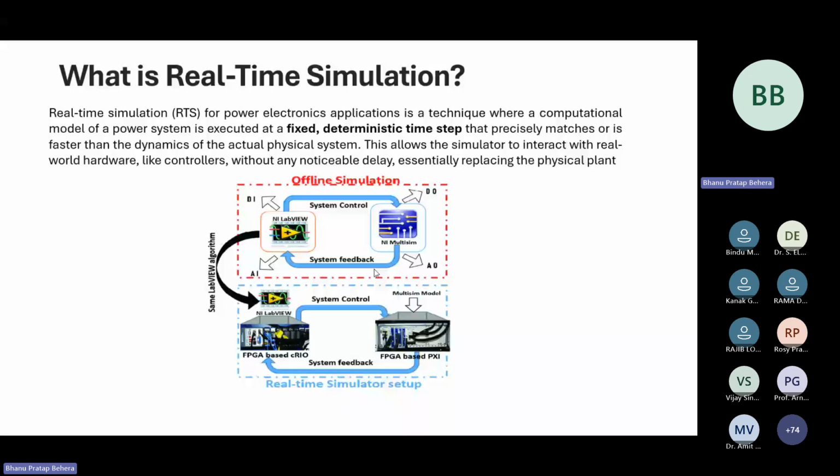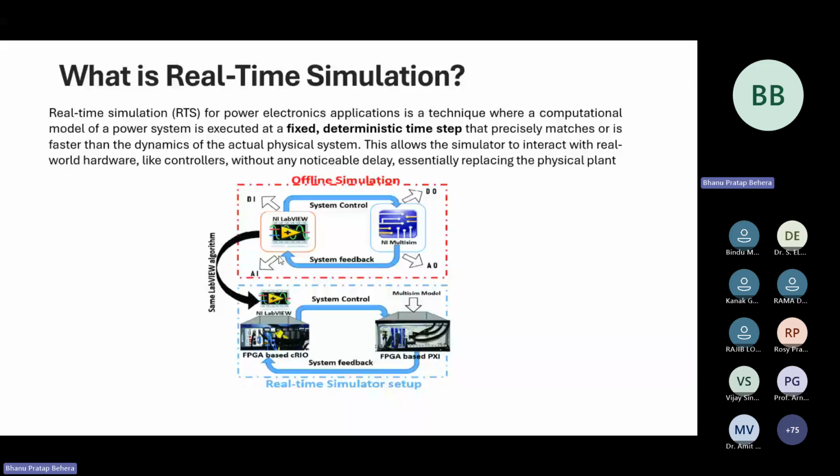It will happen specifically based on some hardware, like real-time targets, and through that target you have to do the simulation, and that target will try to match the clock, and if it is matching, then we can say that this is a real-time simulator, and what we are doing is a real-time simulation.